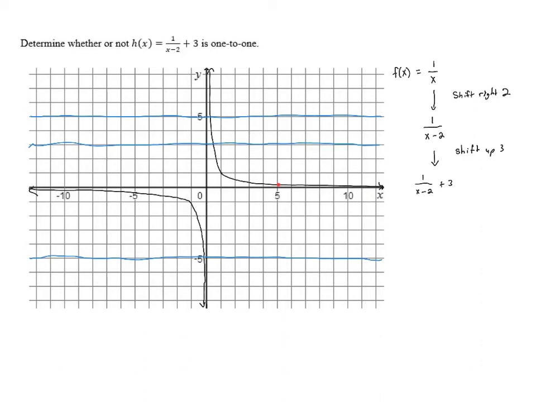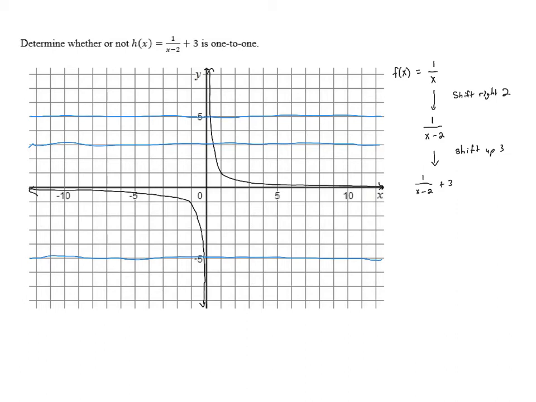So even though it looks like it's almost horizontal, it's never actually horizontal. It's always decreasing, getting smaller and smaller and smaller. And on the right side, it's always going to be above the x-axis, and on the left side, it's always below. So this function satisfies the horizontal line test.